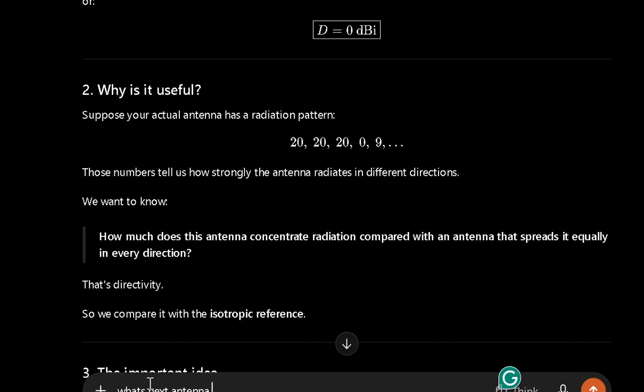In the same way, multiple antennas are arranged so that their radio waves add up and increase directivity towards the receiver. More antennas in the array increase directivity. That's what an antenna array is.